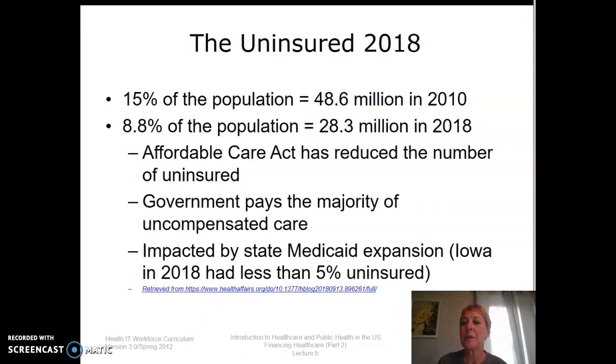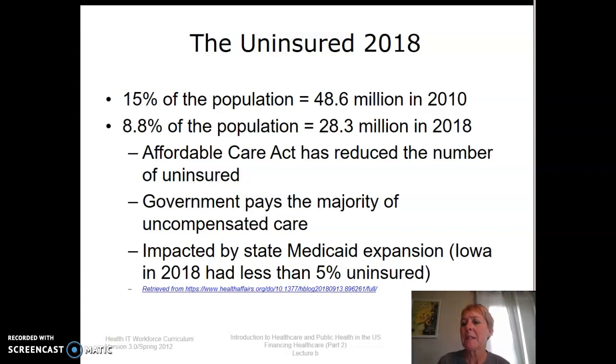In 2010, it was estimated that 15% of the population was uninsured. Look at the difference in 2018. Why is that? Because of the Affordable Care Act, also known as Obamacare, which strove to provide some type of insurance for those who are not insured. Under the Affordable Care Act, if a person cannot afford insurance, the government will provide a subsidy.